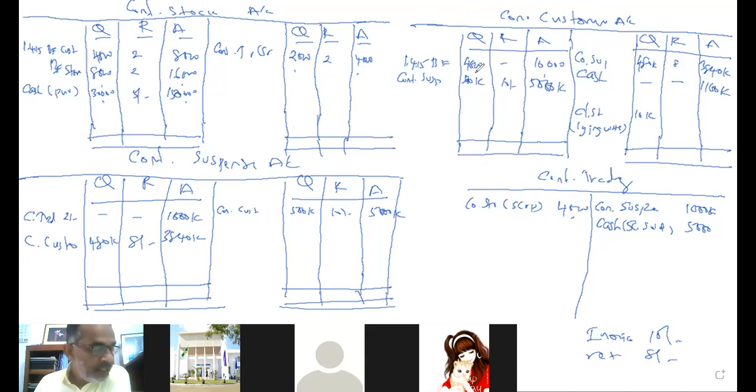Look at here, the first column 480,000, isn't it? How many containers we have? 480 and 10 altogether 490.